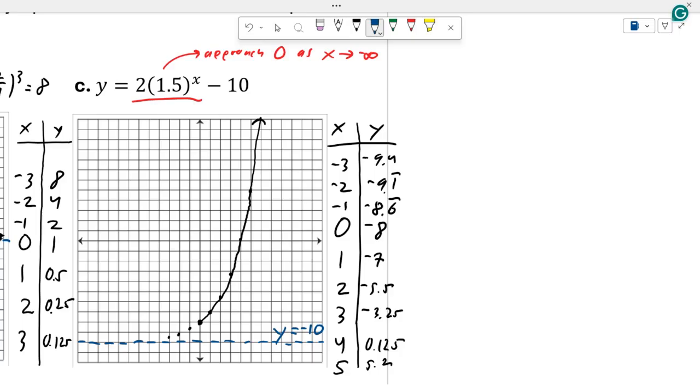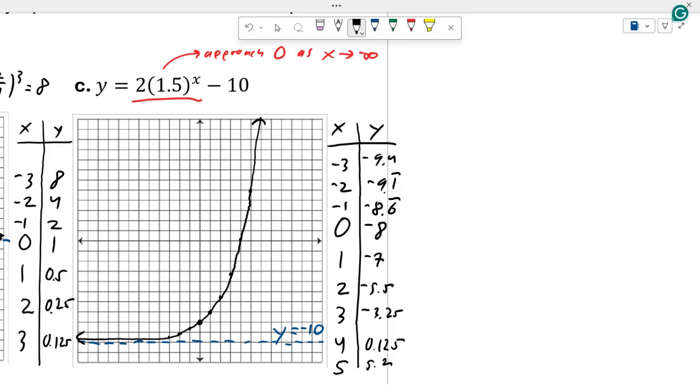So that's my horizontal asymptote. So my graph gets really, really close to that horizontal line, but never really touches it. So that is my graph.